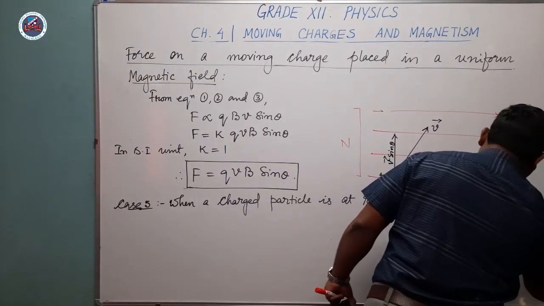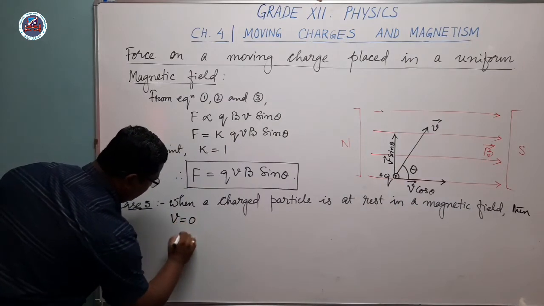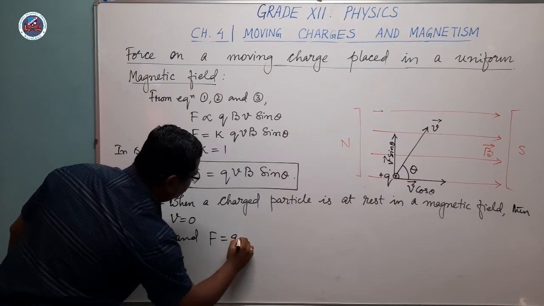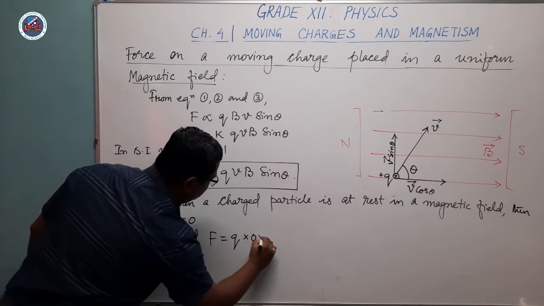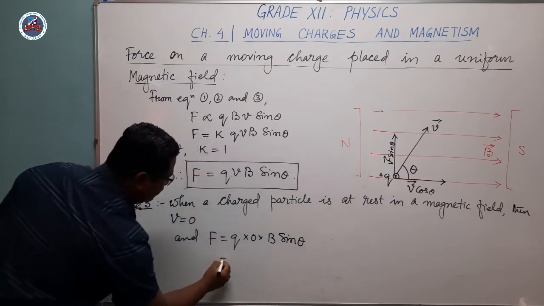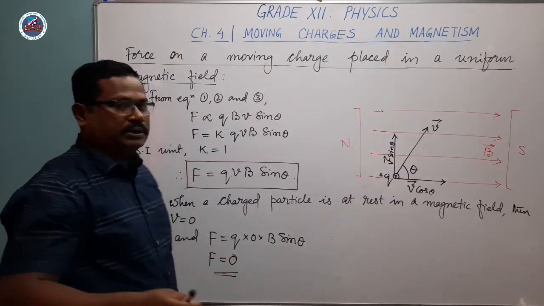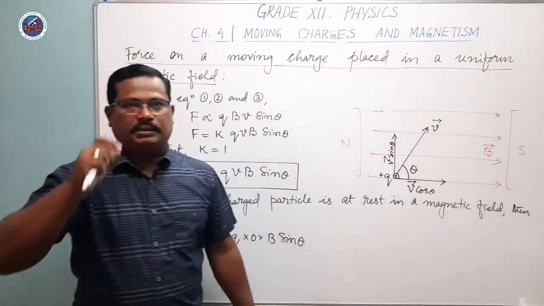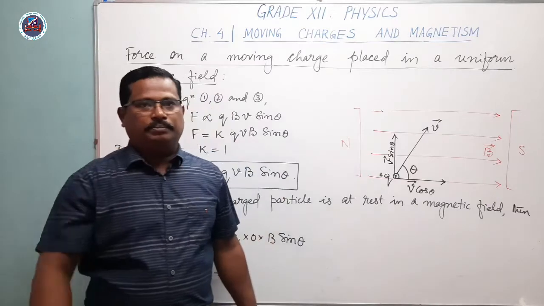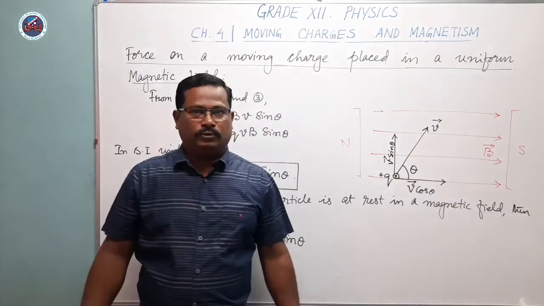Then V is equal to 0, and the force experienced also will become Q B sin theta times 0. So everything will come out to be 0. That means if you just keep the charge in a magnetic field at rest, it is not going to experience any force. It should move with some velocity, then only it will experience the force.